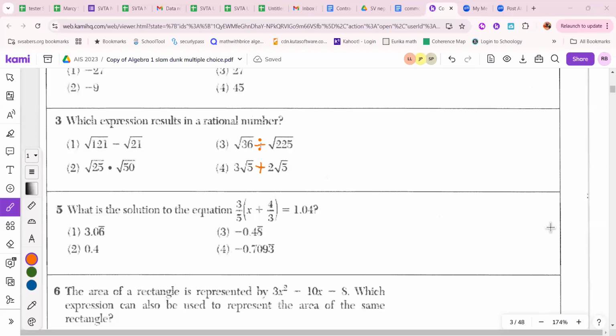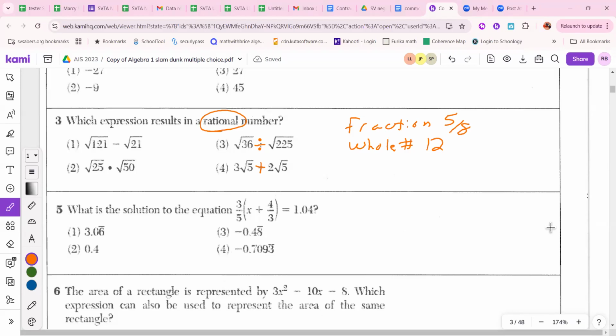Question number two, which expression results in a rational number? Rational number, you have to remember, is a fraction. Vocabulary. It can also be a whole number, so this can be like 5/8. It can be a whole number, like 7, or 12.